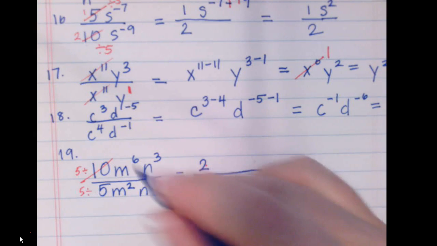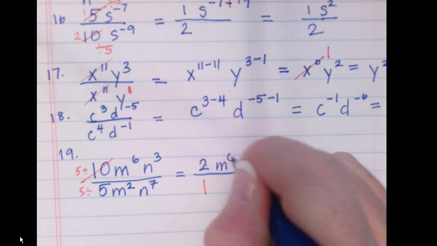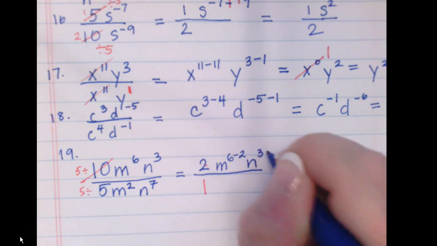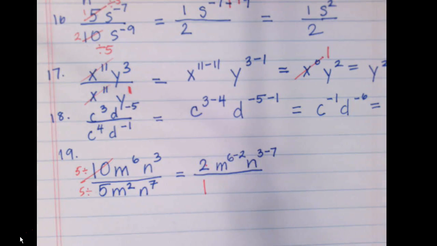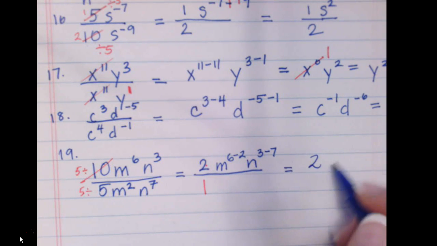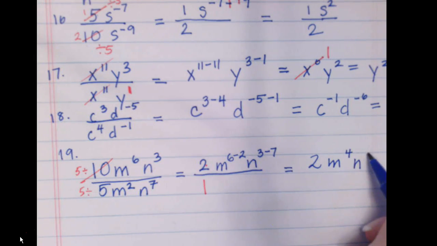So now I've got my m's, and I'm going to write it on the top, 6 minus 2. And then for my n's, I'm going to write it on the top for now. It's 3 minus 7. So we write it in the numerator when we're applying the rule. And then I can see here I'm going to get a positive 4 for my m exponent, but I'm getting a negative 4 for my n exponent.